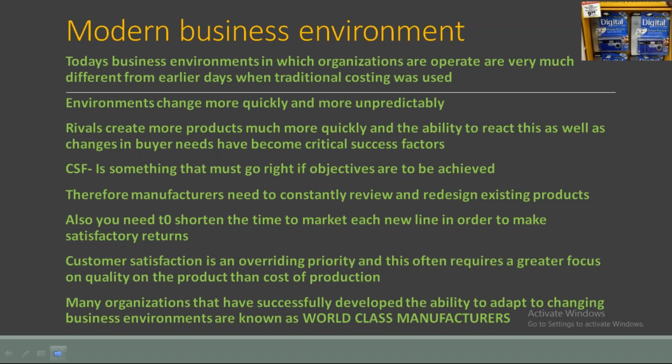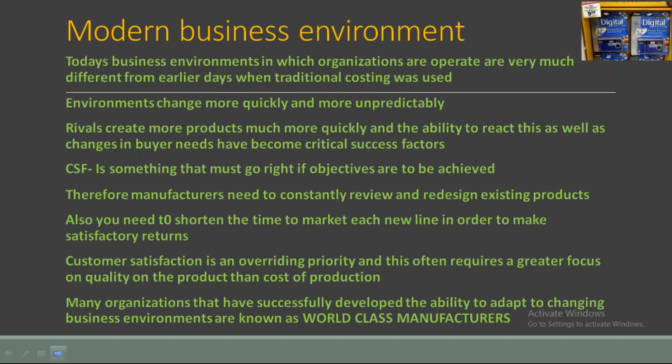And also, we have to shorten the time to market the product in order to make a satisfactory return. The time between when we decide to launch a product and when we launch it will have to be short.